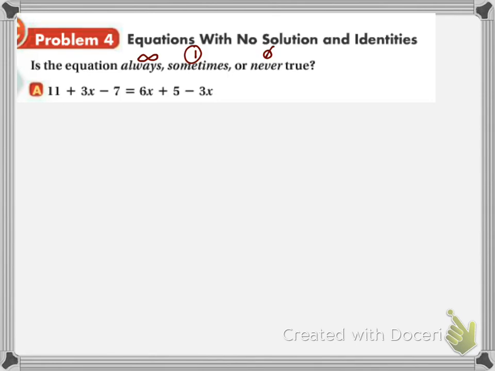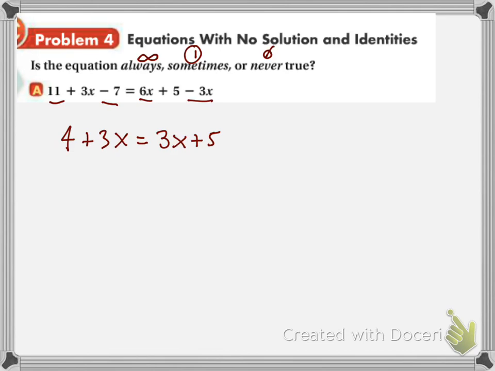So what I'm going to do here to start in part A is combine everything on either side of the equation. First I want to combine this 11 and negative 7. Since they're on the same side, I can just combine them. So this is going to turn into 4 plus 3x. On the other side, I'm going to combine the 6 and negative 3x. And I'll be left with this.